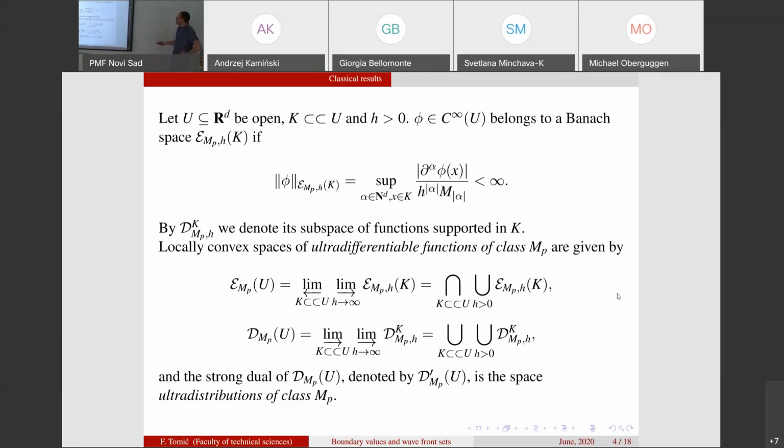This is the space of locally smooth functions in the sense of M_p, and this is its subspace of compactly supported functions. And we have the duals denoted with this prime here.